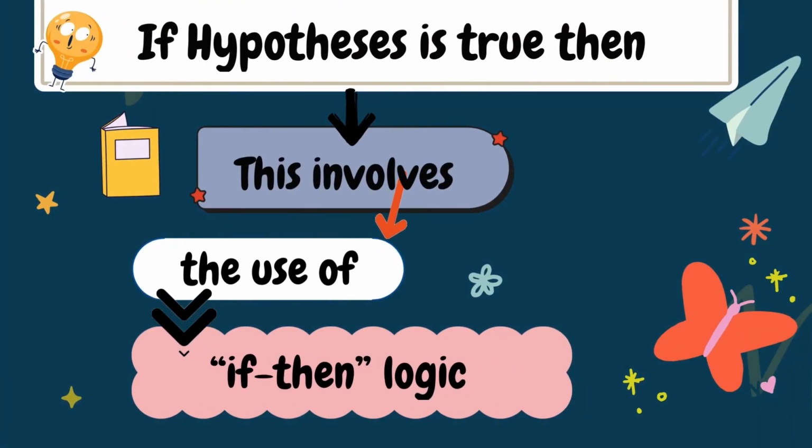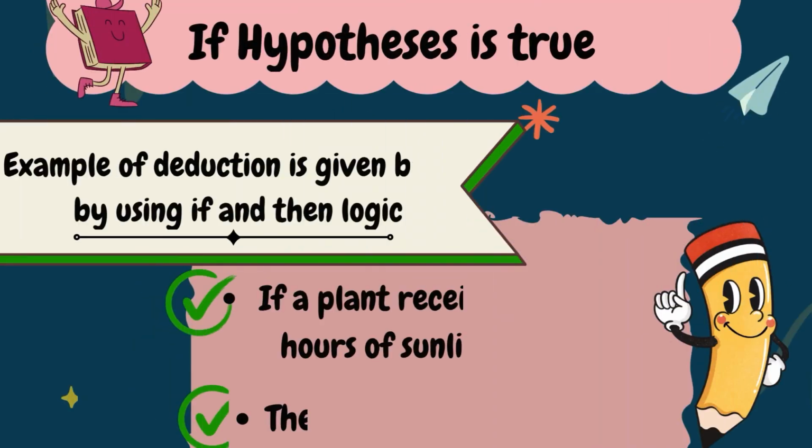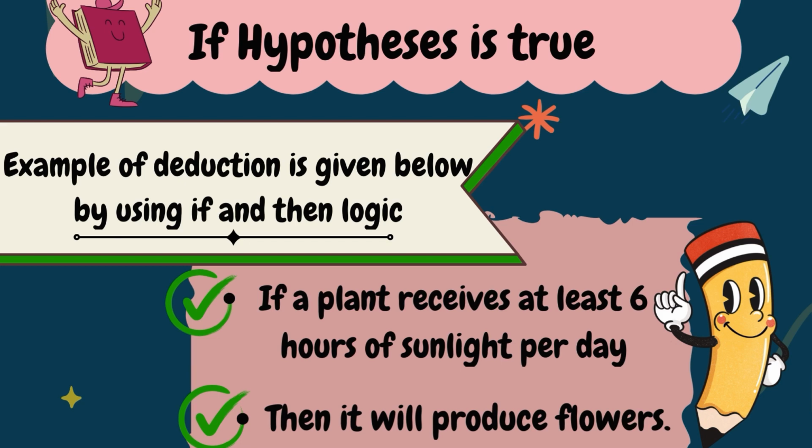If the hypothesis is true, then deductions are made. And this involves the use of if-then logic. If hypothesis is true, then deductions are made.